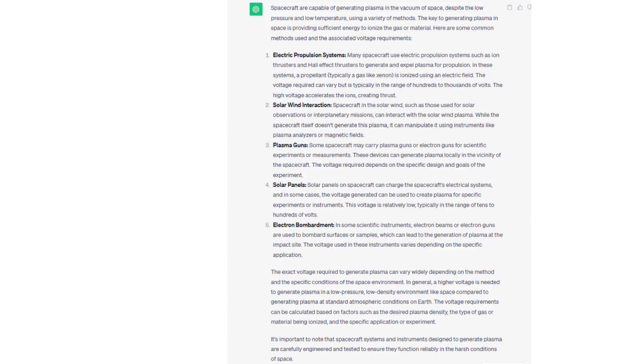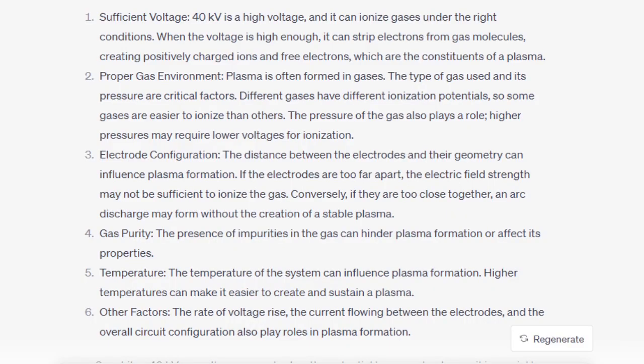Maybe it's warm enough where the sun is shining. But either way, it's worth thinking about: how do they actually accomplish generating plasma in space itself? A lot of processes actually do use the concept of generating plasma in a vacuum. So I guess there's some factor that I'm overlooking or that's not being stated here. But yeah, interesting to note.